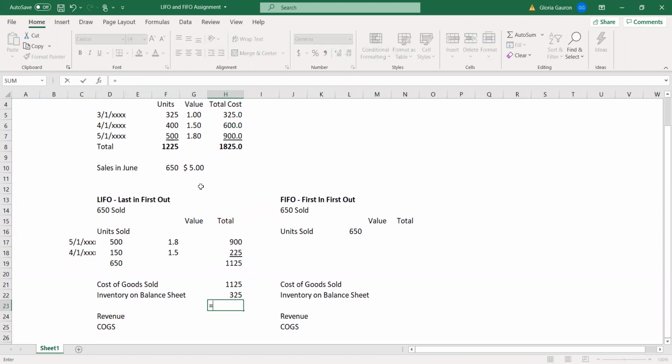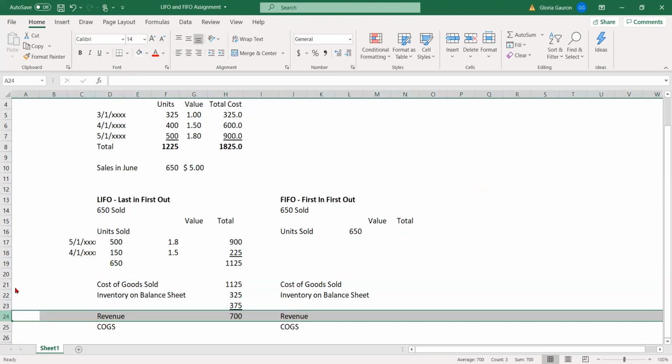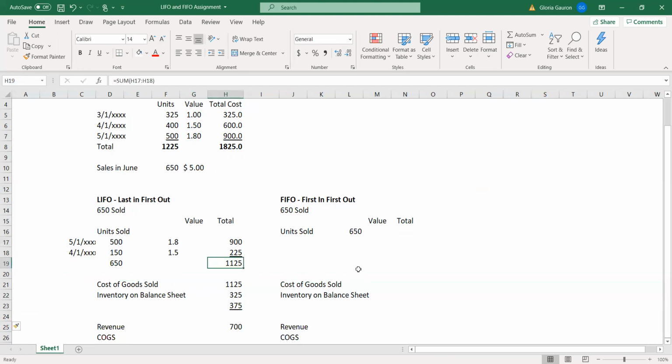So I'm going to take my 250 units that are left over and multiply that by $1.50, and I'm going to get to a total, which leaves me $700 on my balance sheet. Okay, so you can see here, using LIFO, my cost of goods sold is $1,125, and the inventory that's remaining on my balance sheet is $700.